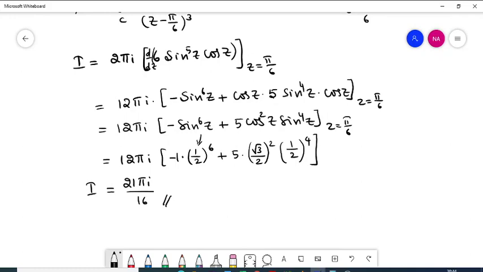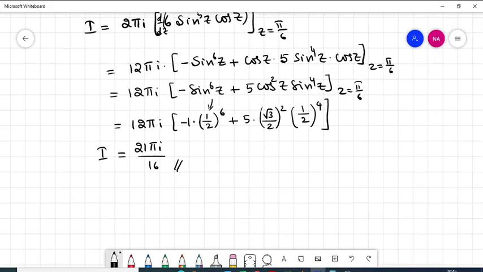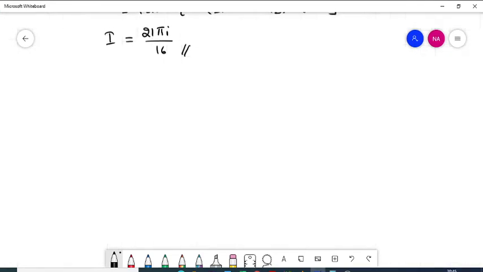Okay, there are two more problems. I'll leave those as exercise problems. This one is similar to the first problem we solved, so I think you can easily solve this.